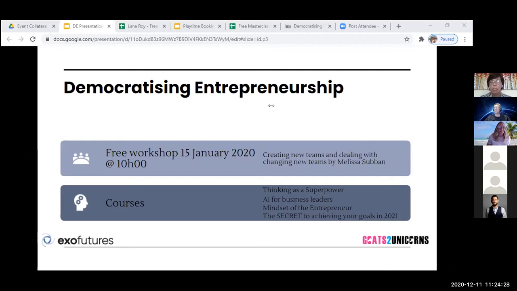Courses that are coming, I mentioned these last week: Thinking as a Superpower by Liesl Marie; Alistair, AI for Business Leaders, and Alistair, I'm going to put a commitment here for January from you; Lloyd is working hard on launching his Mindset of the Entrepreneur course; and I'm launching The Secret to Achieving Your Goals in 2021, a goal setting course you have never experienced before. You can start pre-registering on the 22nd of December, and the official course starts on 11 January, with 5-day challenges and masterclasses. I'm so excited about my own course, I think I want to attend it as well.